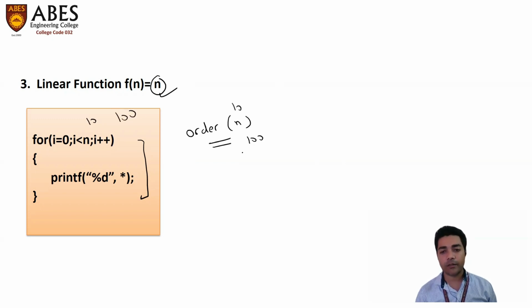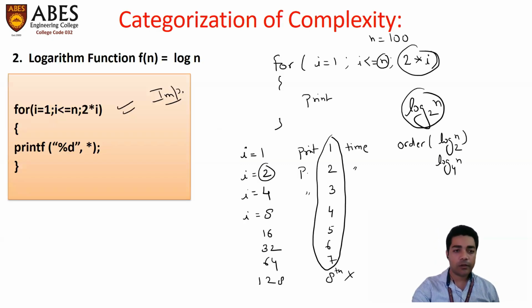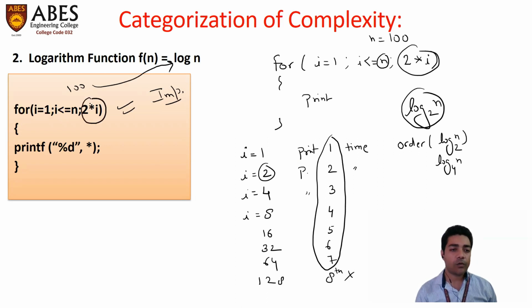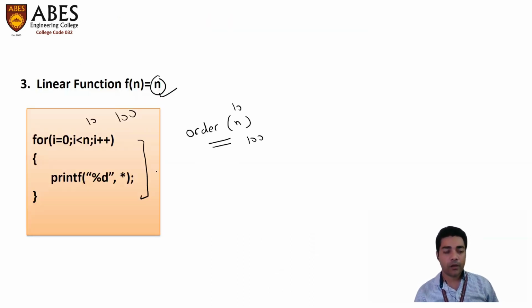If it is something else, then the order becomes that. But in the previous question, whether n was 10 or 100, the time complexity was log n because it was not linear. It was incrementing twice at the rate. So this is a linear function.